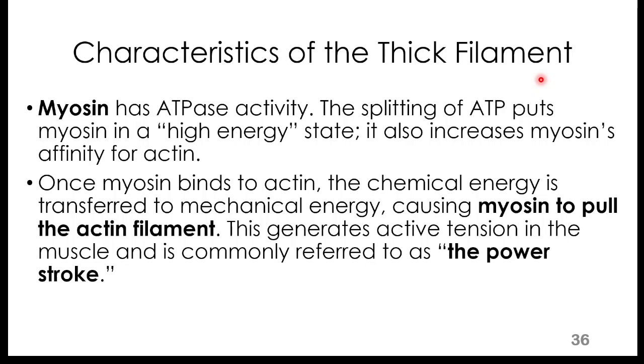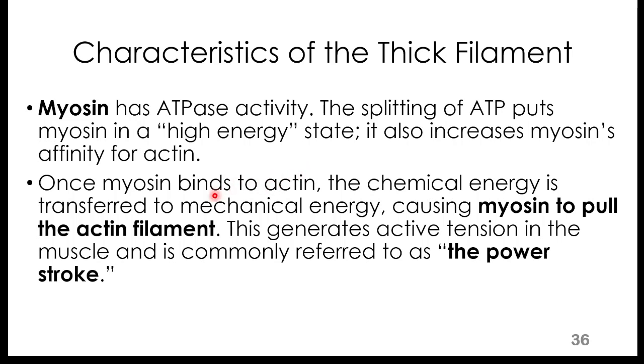Okay, all right. So when the myosin binding site on actin has been exposed, remember that we said that exposure will only happen when calcium binds to troponin C, right?